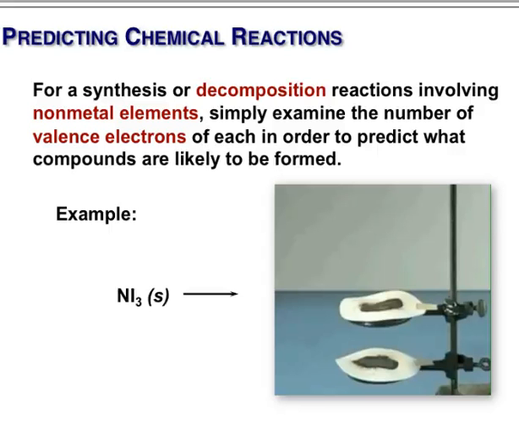Now when you make nitrogen triiodide, what you do is take ammonia and you add iodine. That's all you have to do. It reacts very quickly and forms this very dark little powder of nitrogen triiodide.